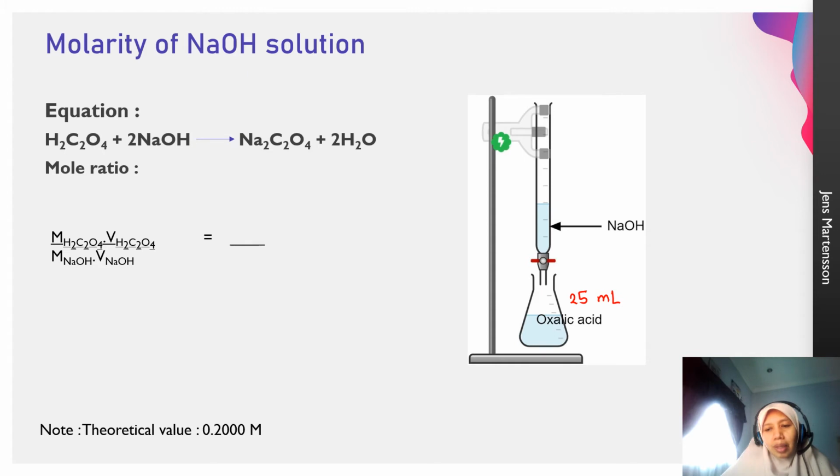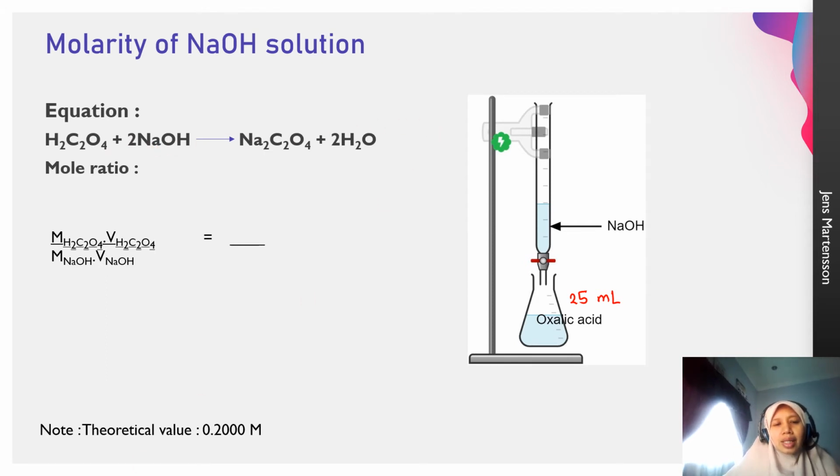Now, this is the chemical equation. It is given in your manual. Oxalic acid reacts with 2 moles of sodium hydroxide to give you sodium oxalate and H2O. What we are interested in is the mole ratio between oxalic acid and sodium hydroxide.